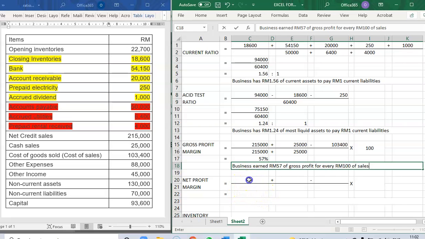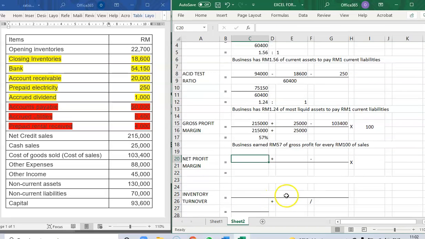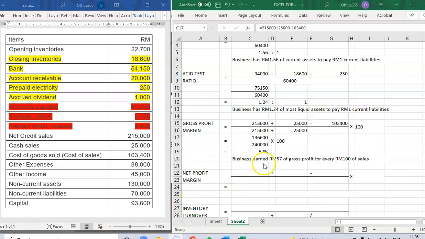Okay, move on to net profit. Net profit margin is net profit divided with net sales. The formula for net profit is gross profit add with other revenues and deduct with other expenses.